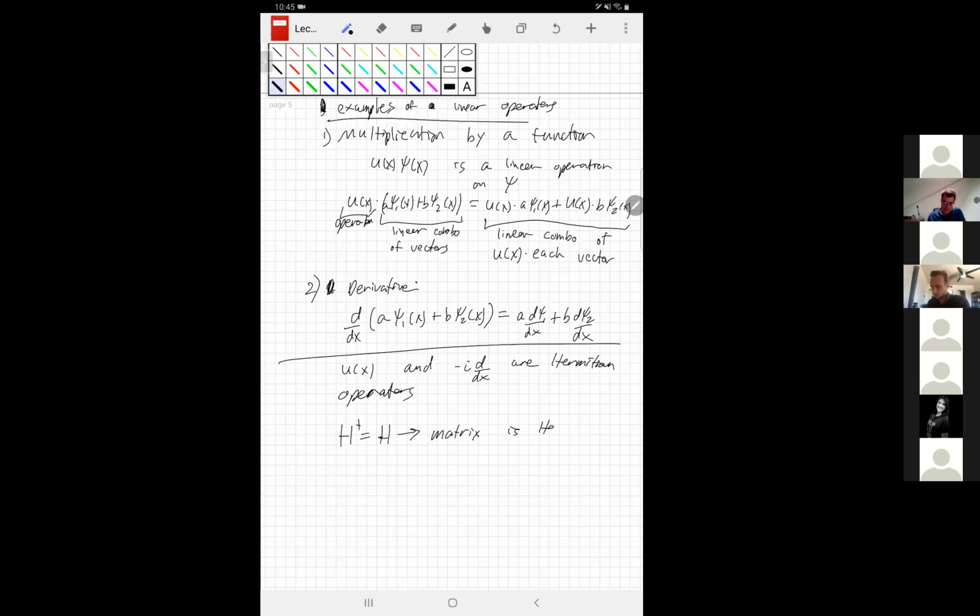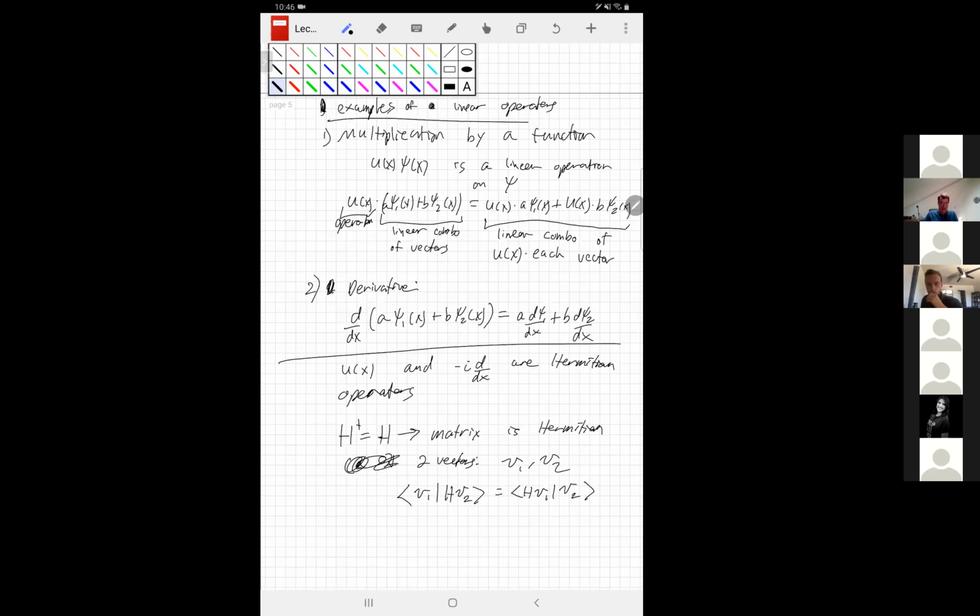The matrix is Hermitian. Well, what that means is that if we have the two vectors v1, v2, then v1 inner product with H v2 equals H v1 inner product with v2.